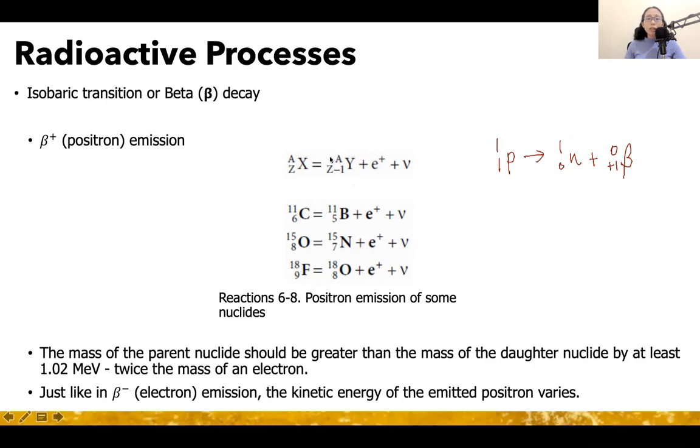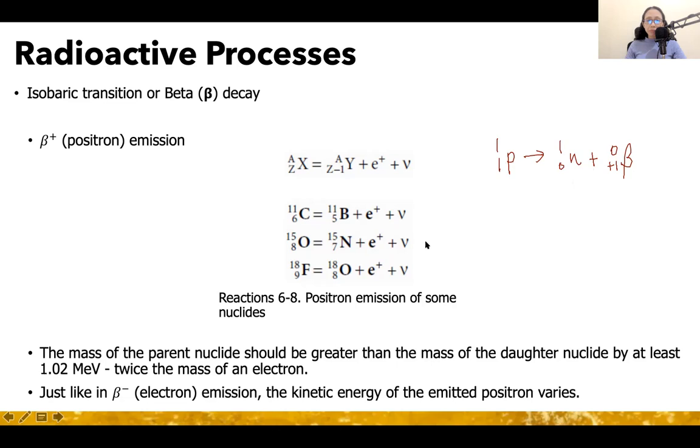So the mass number doesn't change. A proton gets disintegrated, but a neutron is born, so the mass number still remains the same. And the positive charge here balances out, right? So you have one here for the proton, and you have one here for the positron. You have one here for the mass number from the proton, and one mass number due to the neutron.